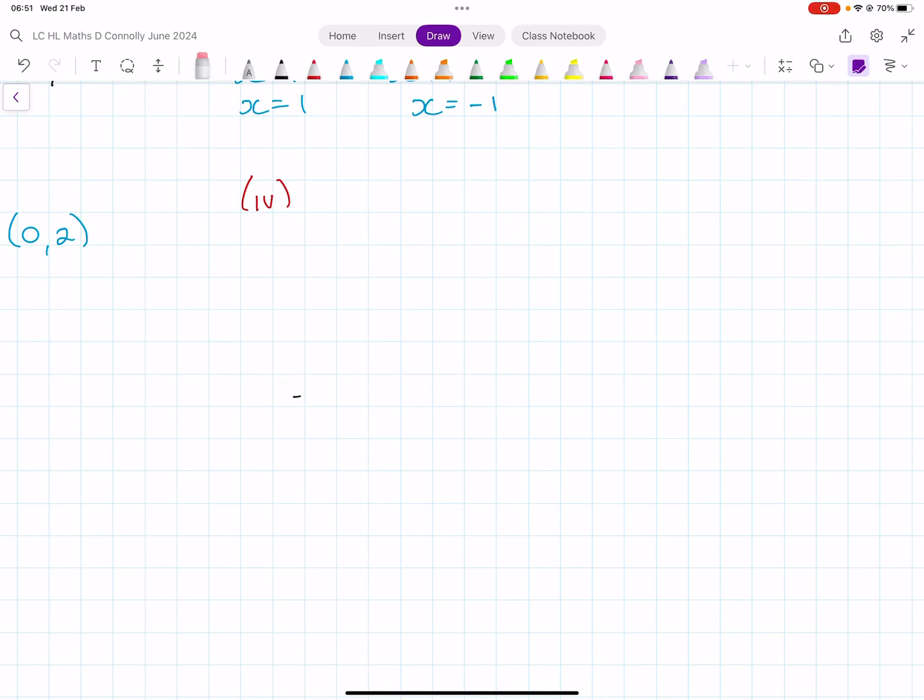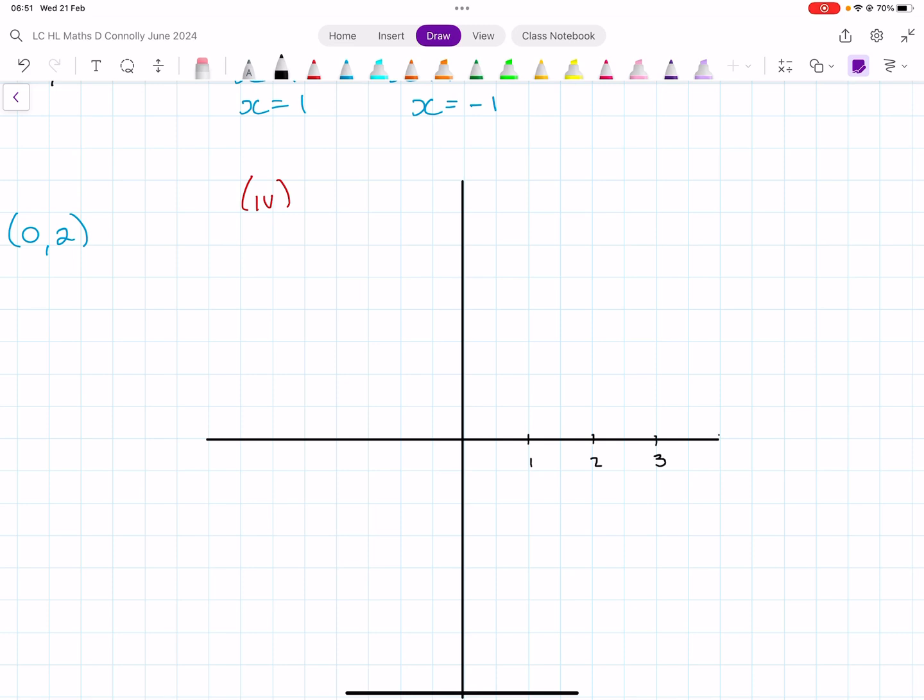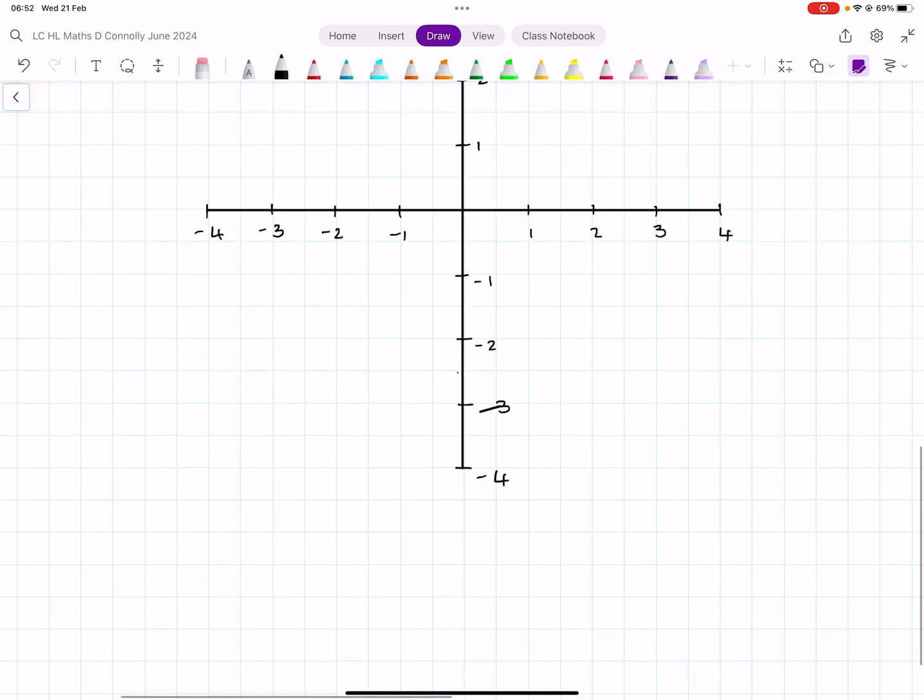I don't know why I'm making it so hard. Okay, so 1, 2, 3, 4, minus 1, minus 2, minus 3, minus 4.